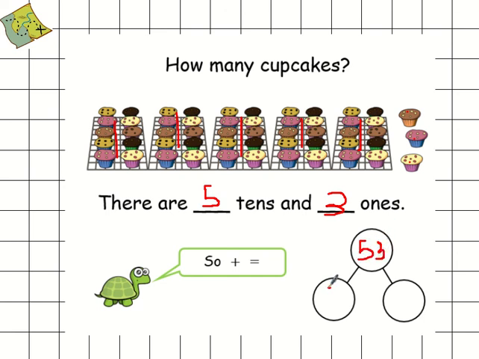And we can partition that by using our 50 and our 3. Okay, so we know that 50 add 3 equals 53.